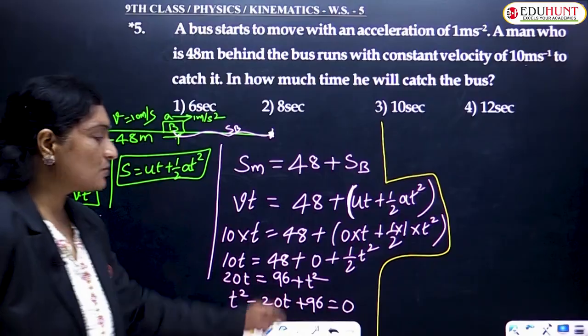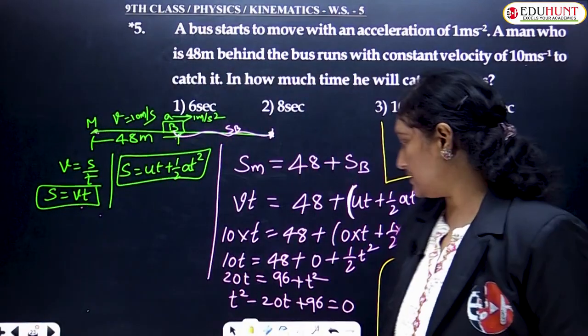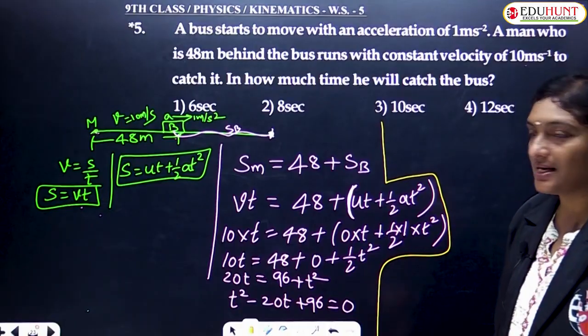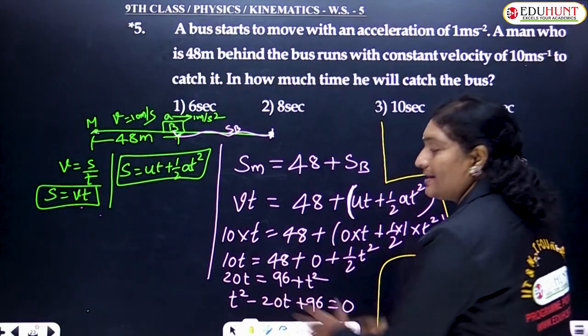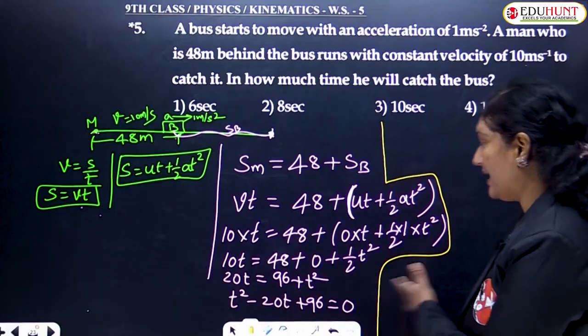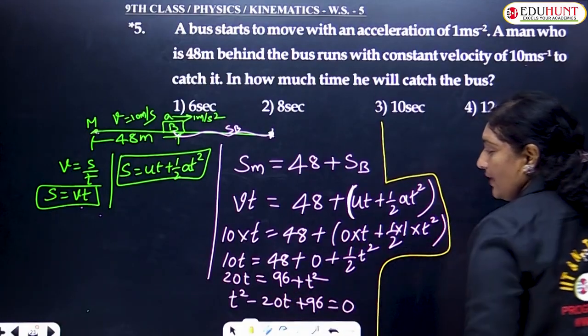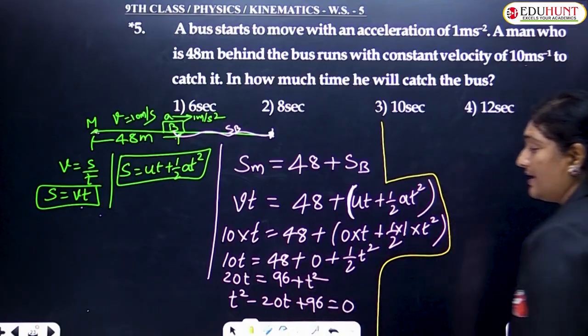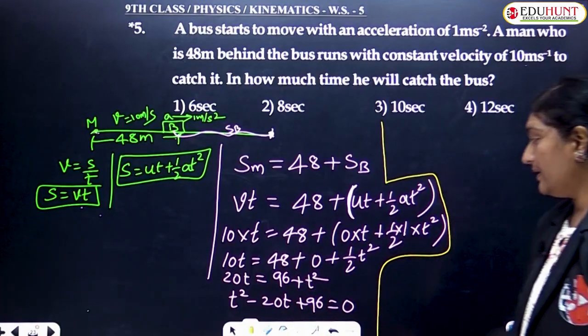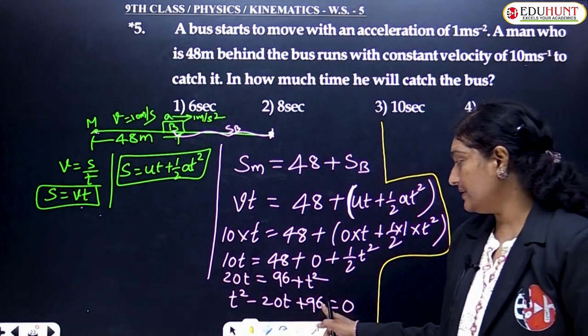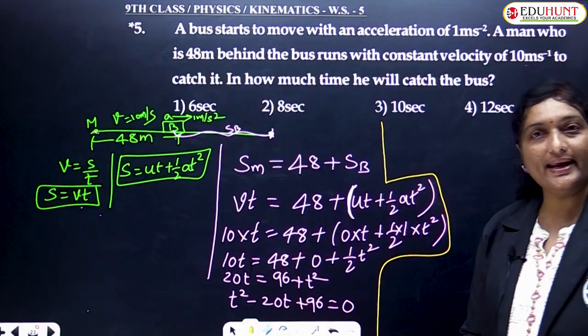So t square minus 20t plus 96 is equal to 0, and this is a quadratic equation. I hope you have already studied solving quadratic equations in your mathematics, so that may help you out. So simplifying, first of all, take the factors of 96. 96 can be written as 12 into 8, children.